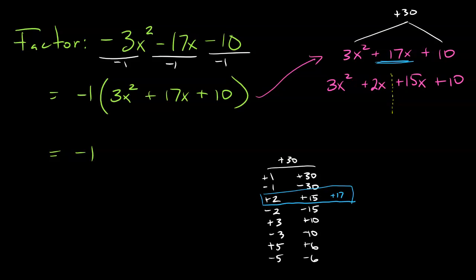Decia, the next thing I'm going to do is I'm going to look at the first half. Does 3x squared and 2x have anything in common, like multiplied into it? Or Olivia?